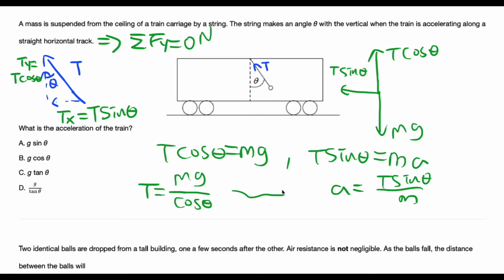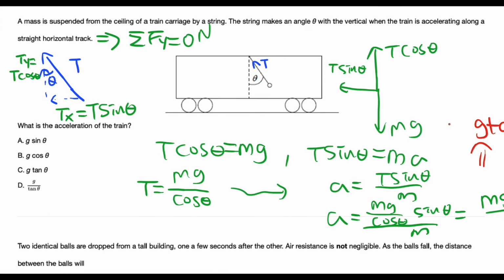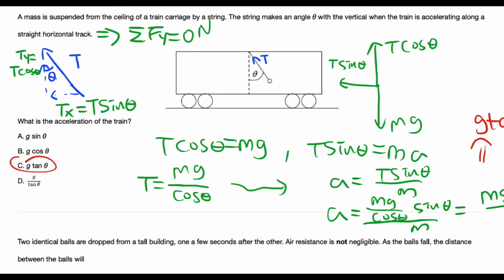Then you can plug the equation for tension into the equation for acceleration. So acceleration is going to be equal to mg over cosine theta times sine theta over m. So this is equal to mg tangent theta divided by mass, which is equal to g tangent theta. So the answer will be C.